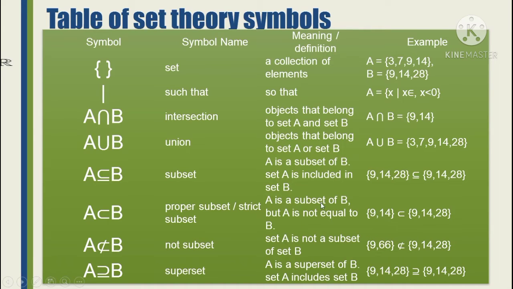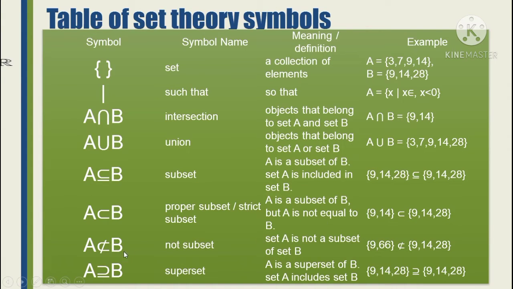A is a subset of B, pero A is not equal to B. So, this example, 9, 14 is a strict subset of 9, 14, 28. So, hindi sila equal. Pwedeng kasama lang. Kaya ito kasi yung equal, pero kapag napapaloob lang, ito lang yun. So, pwedeng 9 and 28 or 14, 28 lang, pero hindi yung talagang nandun sa loob ng isang element. Kasama lang. Ano?